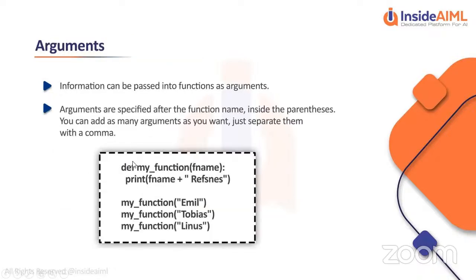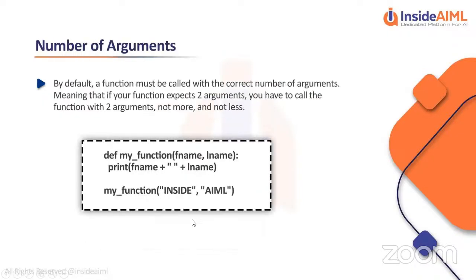Arguments. What do you understand by arguments? Arguments are specified after the function name. Here, f name is nothing but an argument that is passed to my function. So for different arguments, I'm going to get different outputs. For example, for the first, Emil Refsnes, then Tobias Refsnes, and Linus Refsnes will be the third output.